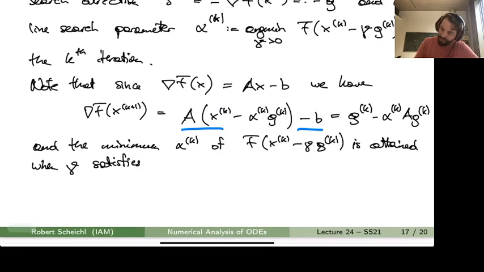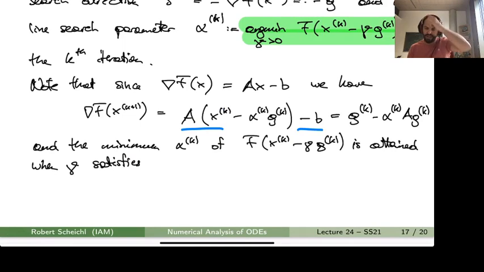We use again that a minimum of this function has to have first derivative equal to 0.